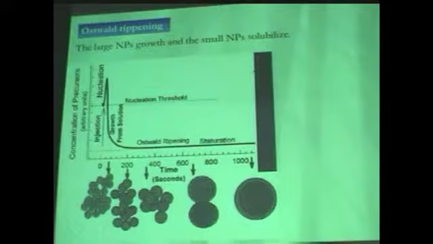So for the Ostwald ripening mechanism, the large nanoparticles will grow, and the small nanoparticles will solubilize.